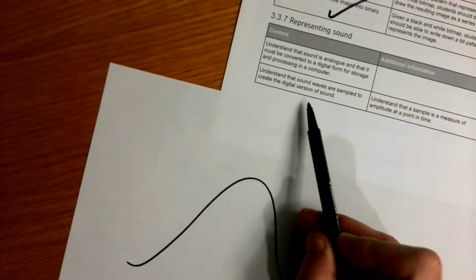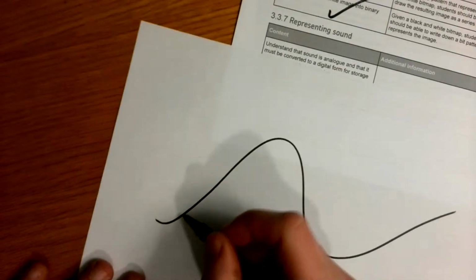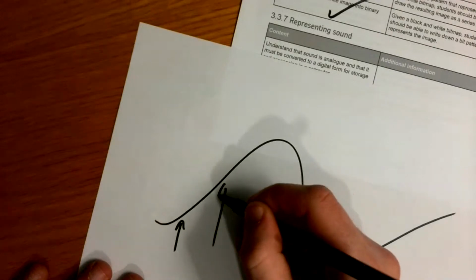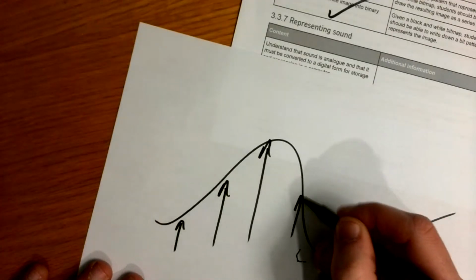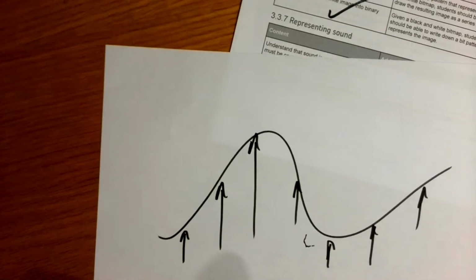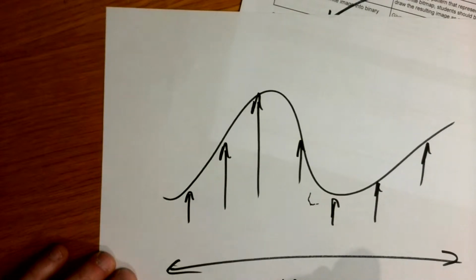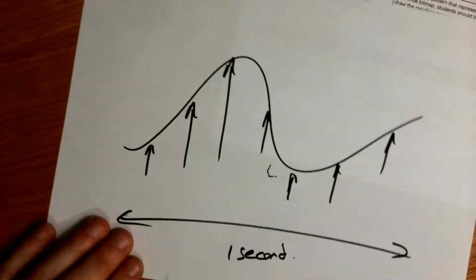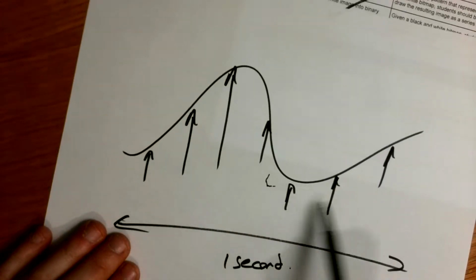Understand that sound waves are sampled to create a digital version of the sound. So to do that, we need to take samples of this wave. So we specify how many samples we are going to take over this wave over 1 second of time. And in my example here, we're taking 1, 2, 3, 4, 5, 6, 7.